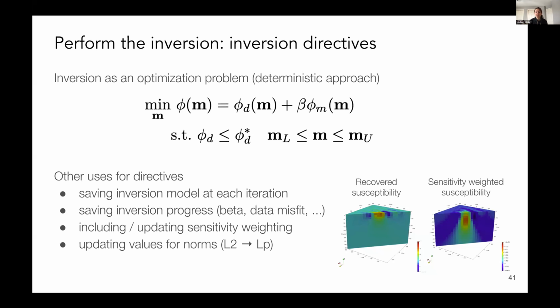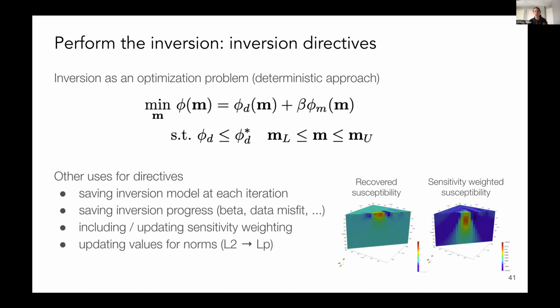There are also more advanced things that you can do. For example, Doug showed the importance of using sensitivity weighting in potential fields inversions. If you want to include that and perhaps update it during the course of an inversion, that would be another example of a directive. The way that LP norms are implemented within SimPEG is that you first run L2 until we can't make much more progress, and then we switch the norms.